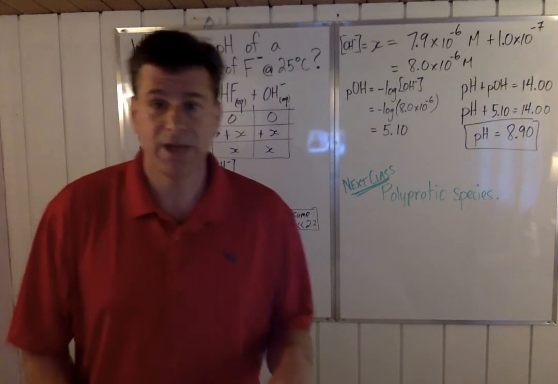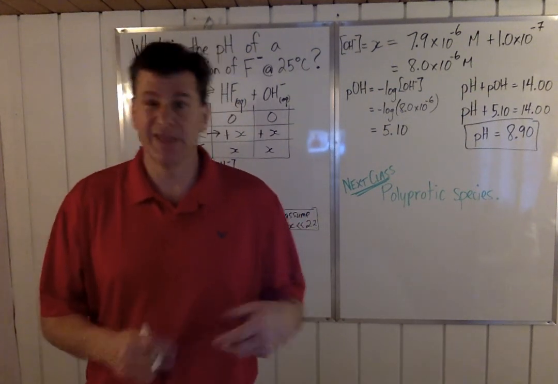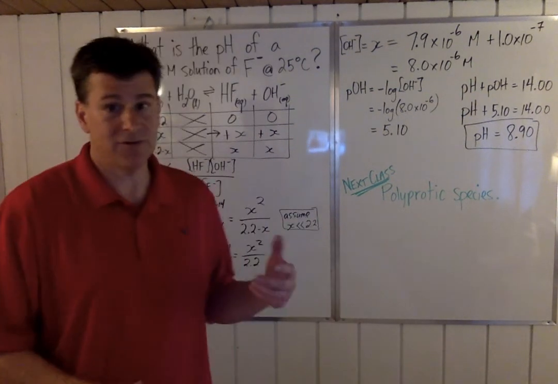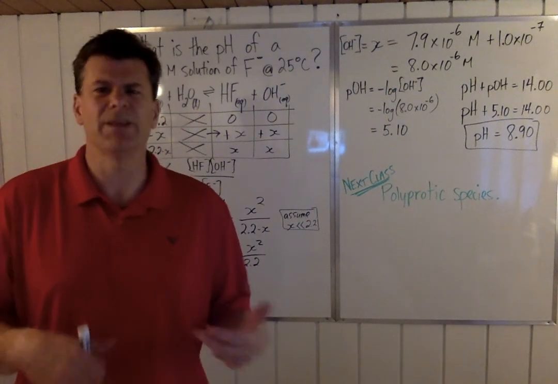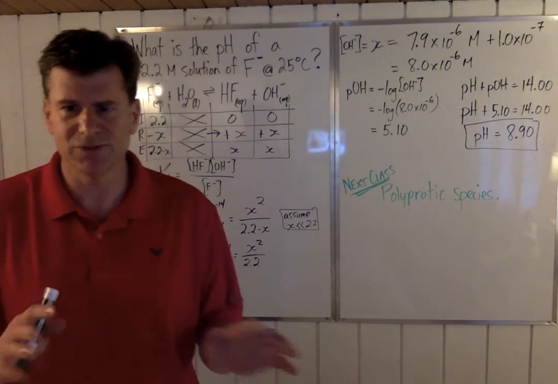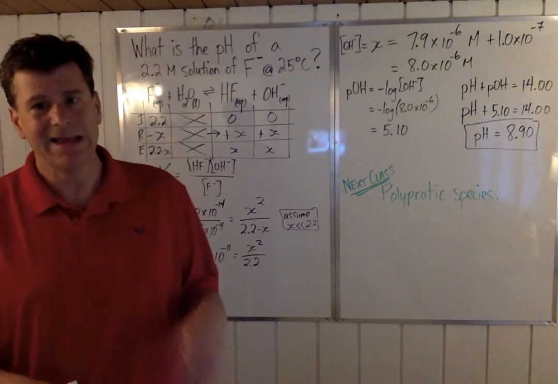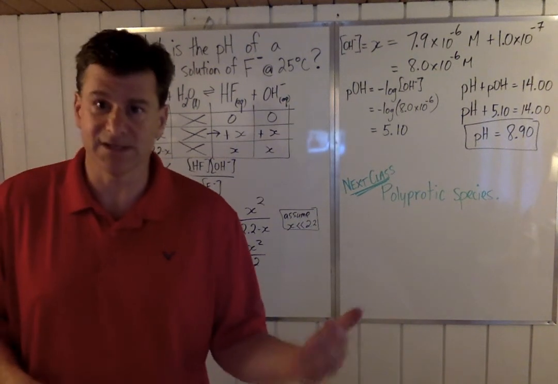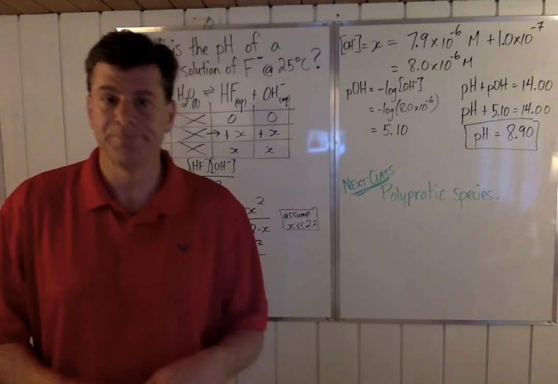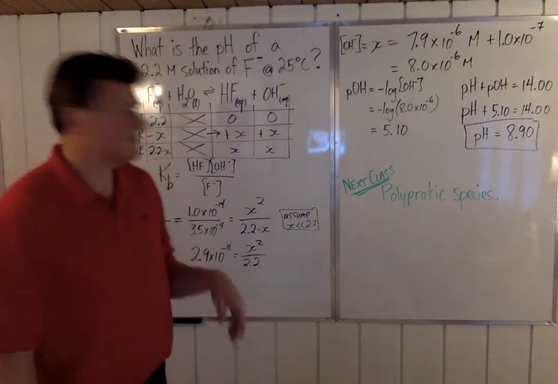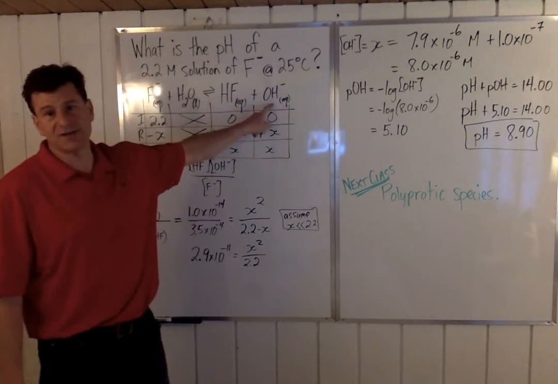So weak base calculations look really similar. If you just took a picture of this and didn't pay attention to what the equation was saying and the fact that it said hydroxide, it looks like the weak acid problem that we did way back when, with some minor differences. The equation's different and it produces hydroxide.